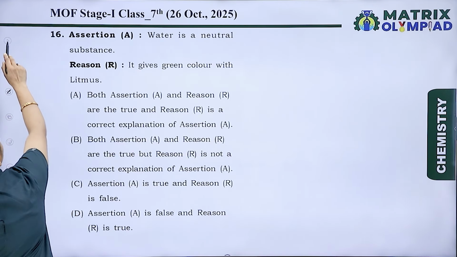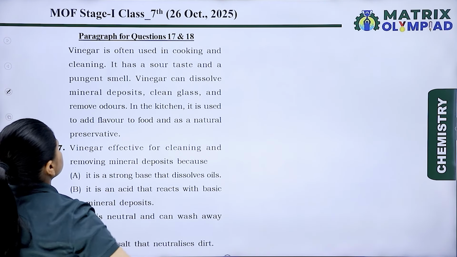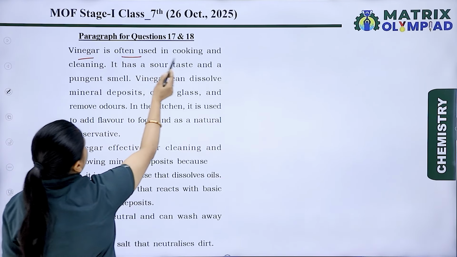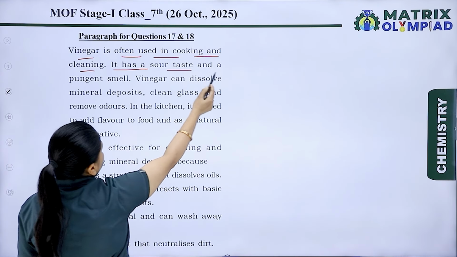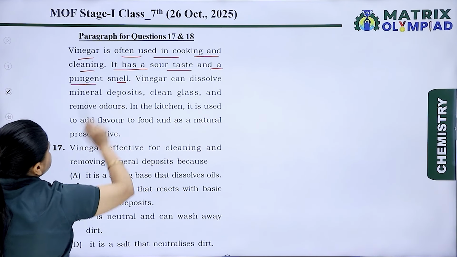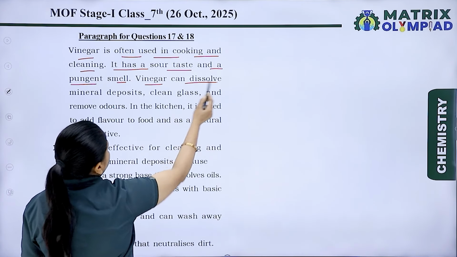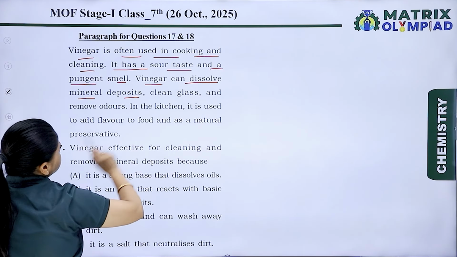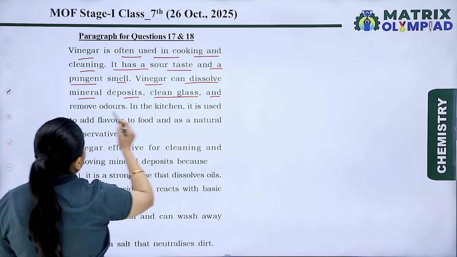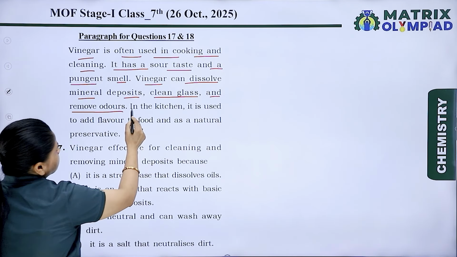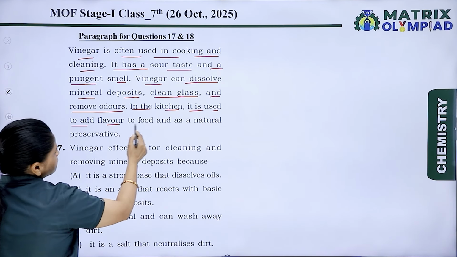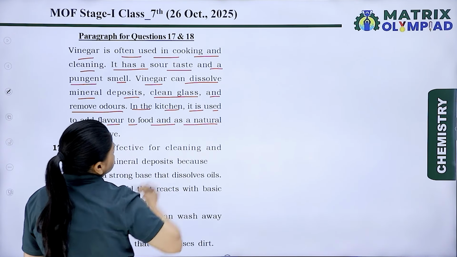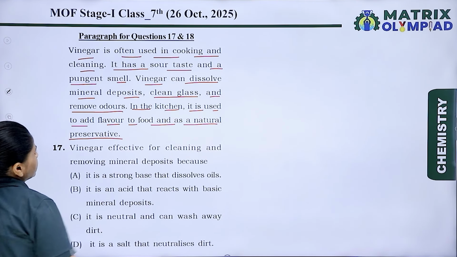Now the next question is paragraph based. Vinegar is often used in cooking and cleaning. It has a sour taste and a pungent smell. Vinegar can dissolve mineral deposits, clean glass, and remove odors. In the kitchen, it is used to add flavor to food and as a natural preservative.